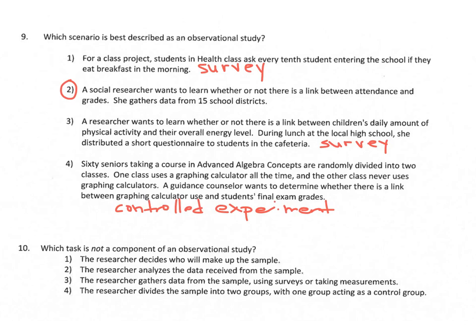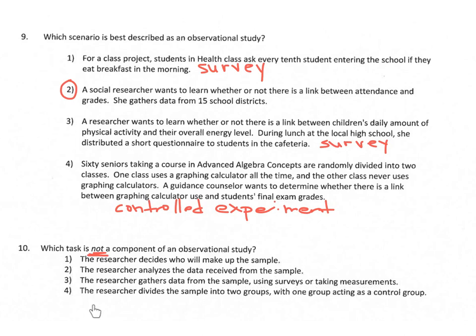And then for number 10, which task is not, I'm going to underline that, a component of an observational study? All right, so if we go through them, the researcher decides who will make up the sample. Yeah, that's a component. The researcher analyzes the data received from the sample. Is a component, yep. The researcher gathers data from the sample using surveys or taking measurements, yep.